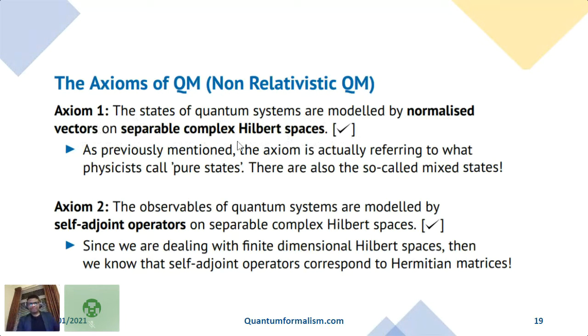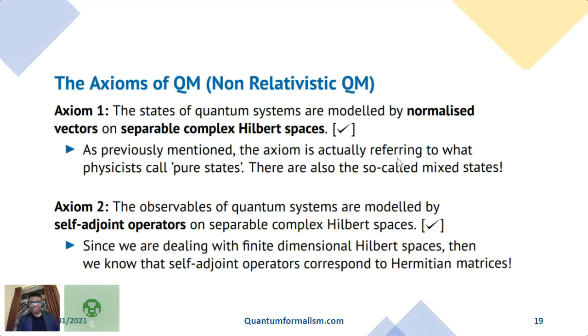First of all, this is what physicists call a pure state. This is closer to the truth when you are dealing with pure states. There is something called mixed states that we mentioned before, but we will not cover in this module. This is why we need to refine these axioms in the advanced module.